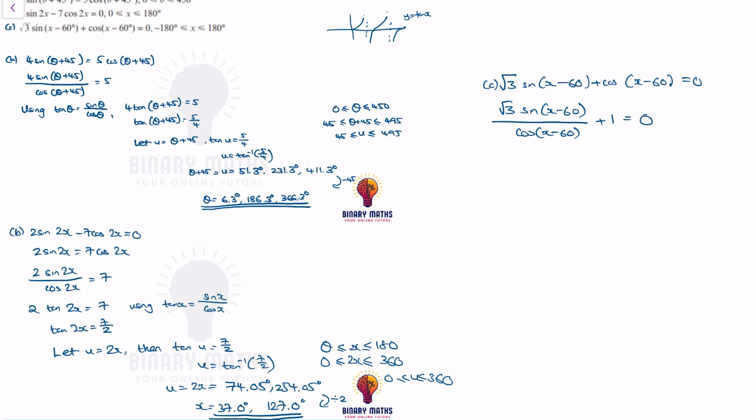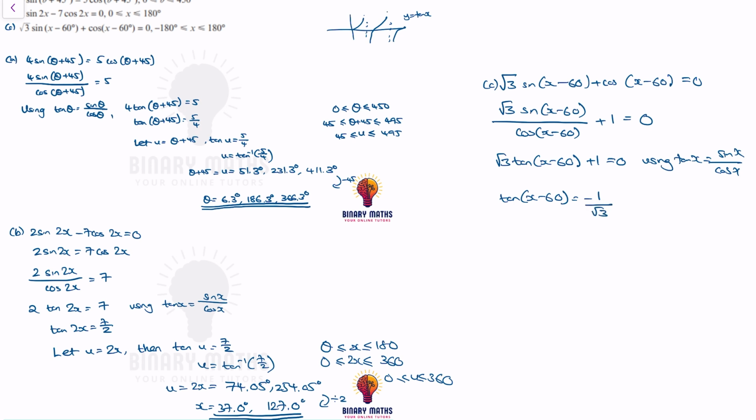Sine of x minus 60 over cos of x minus 60 is tan of x minus 60, using tan x is equal to sine x over cos x. So I get root 3 tan of x minus 60 plus 1 is equal to 0. If I rearrange, tan of x minus 60 is equal to negative 1, and then I need to divide by root 3.